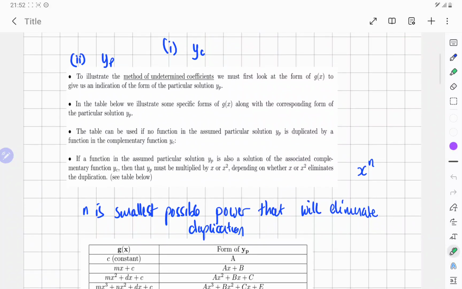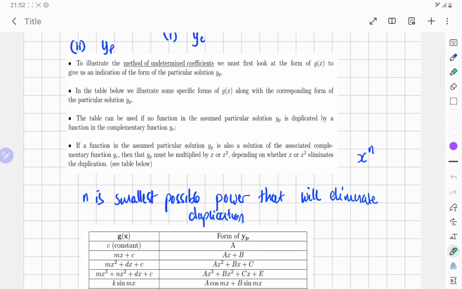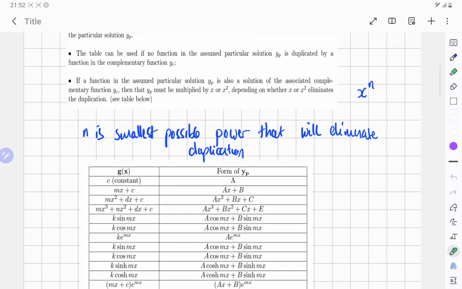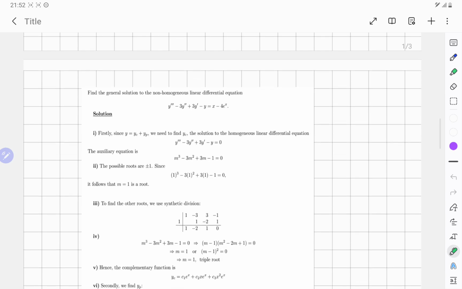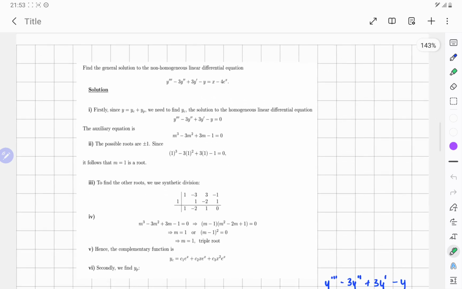But remember the very important fact: if a function in the assumed particular solution is also a solution of the associated complementary function, then y_p must be multiplied by x to the n. What is n? It's the smallest possible power that will eliminate duplication. But I will explain it again as we do the next example.